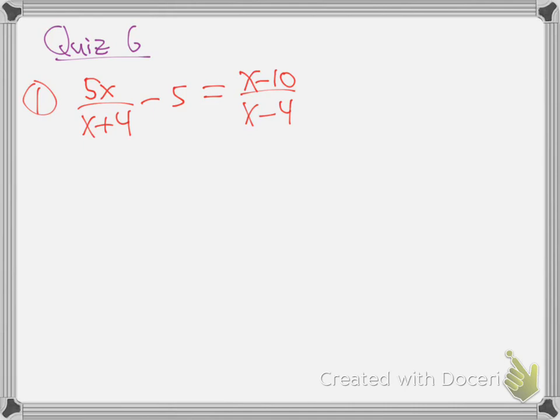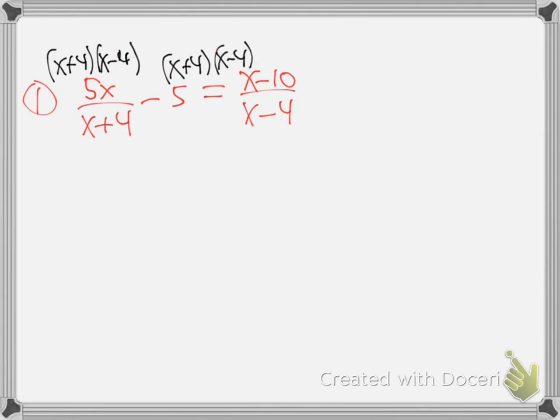Common denominator, yeah. So remember you multiply through by the common denominator, which is both an x plus 4 and an x minus 4. They're both denominators, huh? So we multiply through by x plus 4, x minus 4, and in the middle, x plus 4, x minus 4.